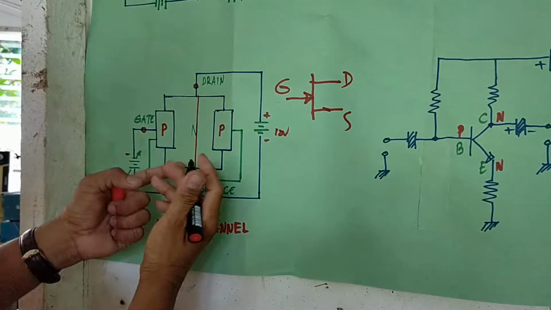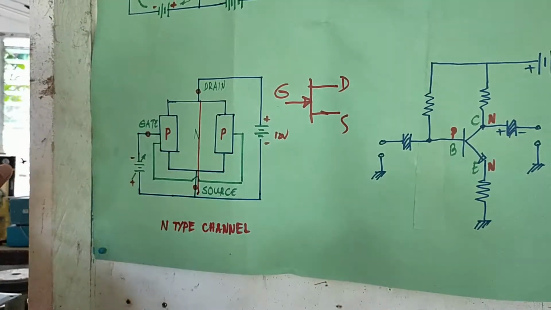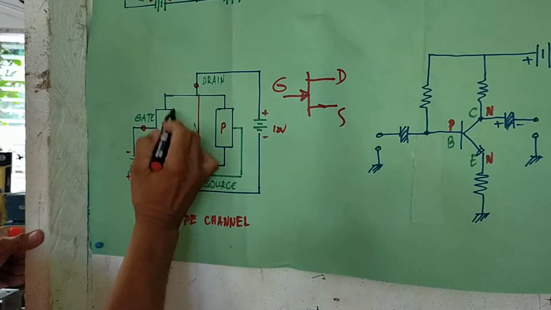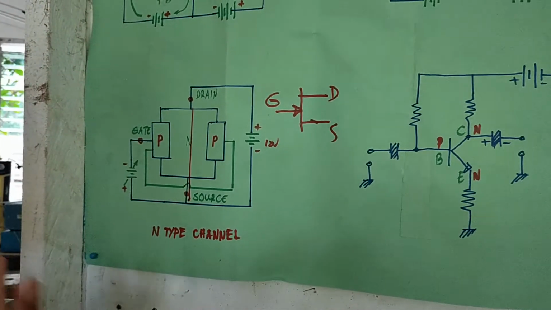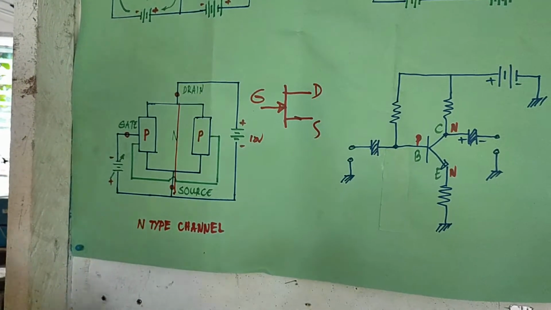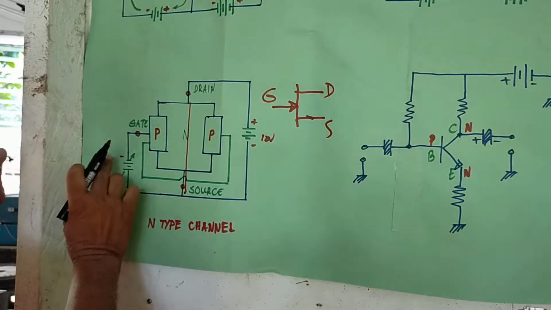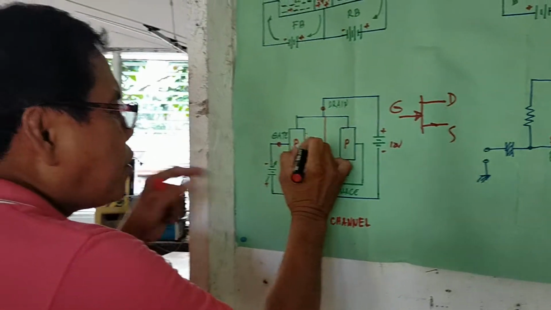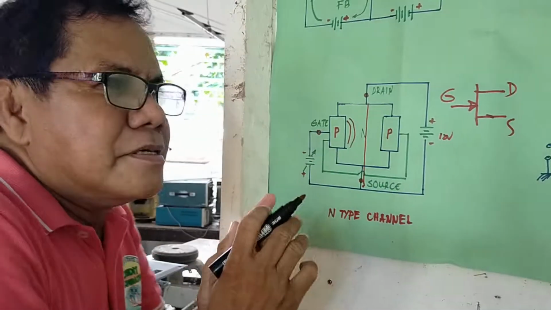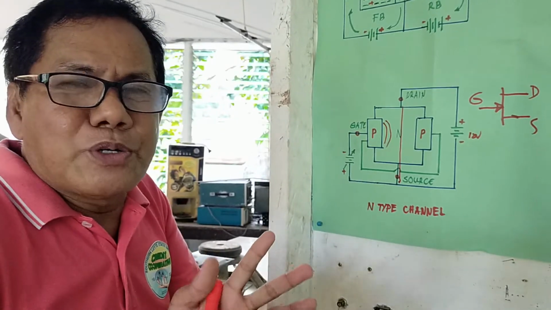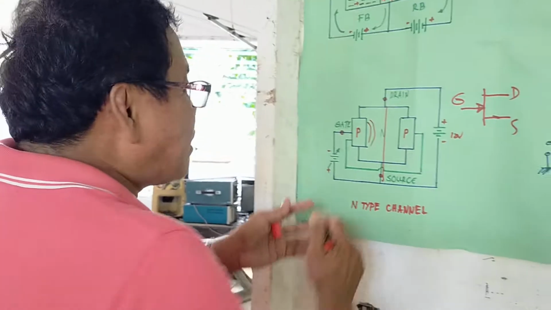So the amount of current that flows here is controlled by the electric field. Because the gate actually is made of a steel conductor. Naturally, when a voltage or a current is applied to this steel, there are electric fields. We call it a spark that will be developed.